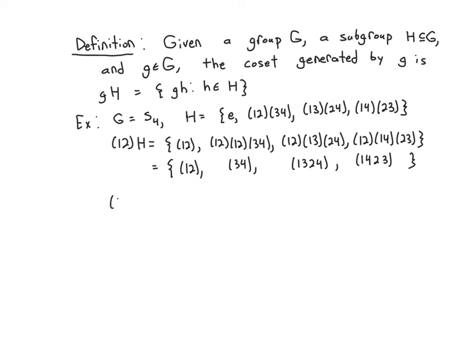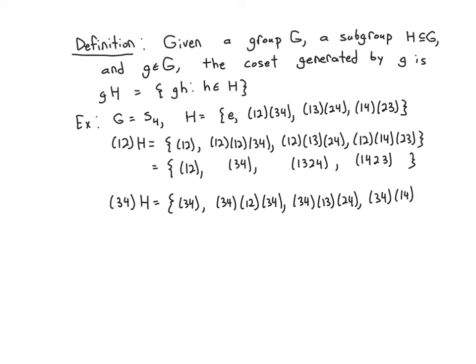Similarly, I could ask, what is the coset (3 4)H? Well, it's going to have the element (3 4). It's going to have the element (3 4)(1 2)(3 4), (3 4)(1 3)(2 4), and (3 4)(1 4)(2 3).